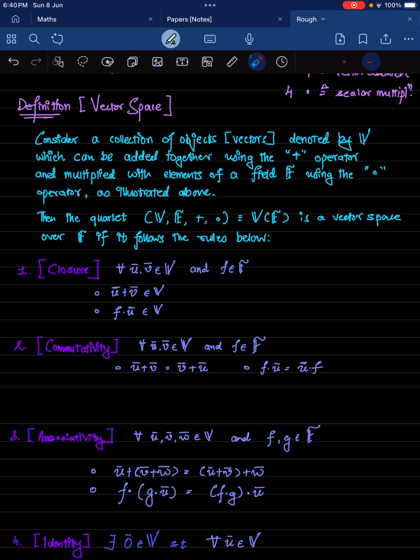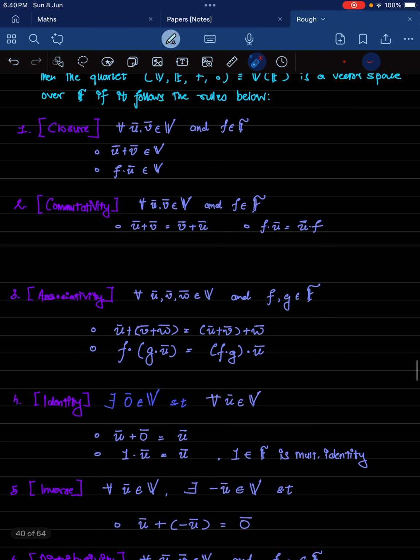So similarly, in vector spaces, u plus v, the sum of two vectors, is an element of the set v, and f times u, that is the multiplication of a vector and a scalar, is also an element of the set of vectors v. Okay, that closes the closure.